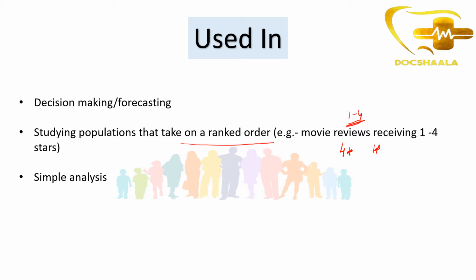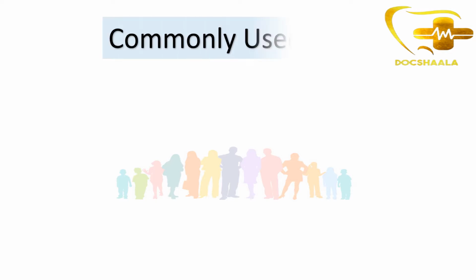So in such cases we use a non-parametric test, and it is also used well to make a simple analysis. Then coming to the commonly used tests. Since it involves so many variables and huge numbers, we have a huge number of tests also.